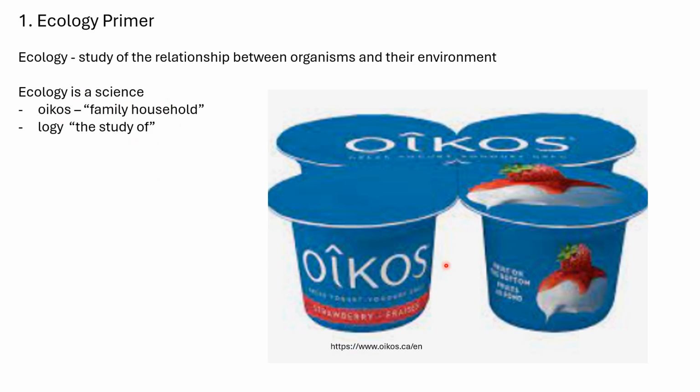Maybe we've seen that if we buy certain brands of yogurt. That's where this term eco comes from, the family or household. And ology is the study of something. Maybe you've taken a biology class. That's the study of life. So in this case, this is the study of the household or the family, meaning organisms and their family, and we extend that to their environment.